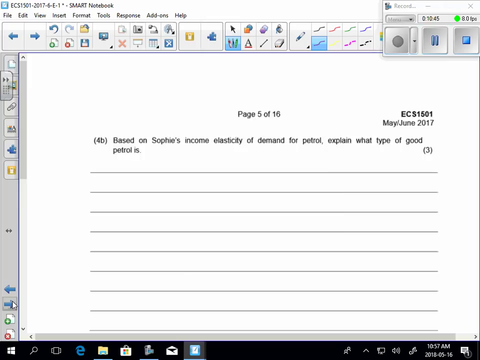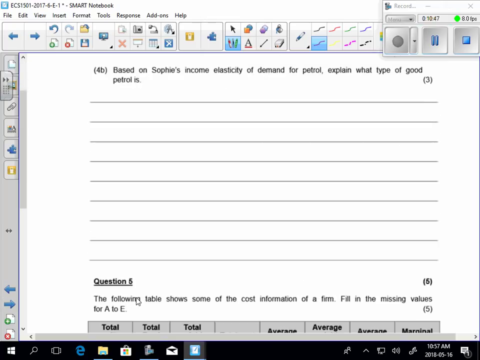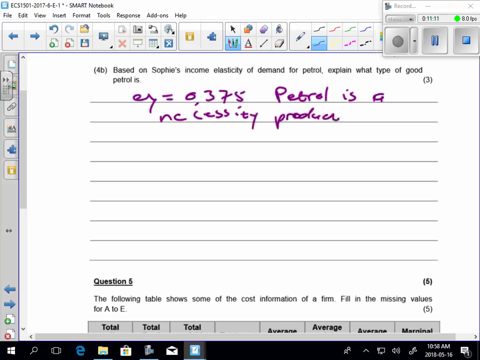Then the next question, based on income elasticity of demand for petrol, explain what type of product this is. Now, because your income elasticity is equal to 0.375, petrol is a necessity product. Why? Because your income elasticity is between 0 and 1.